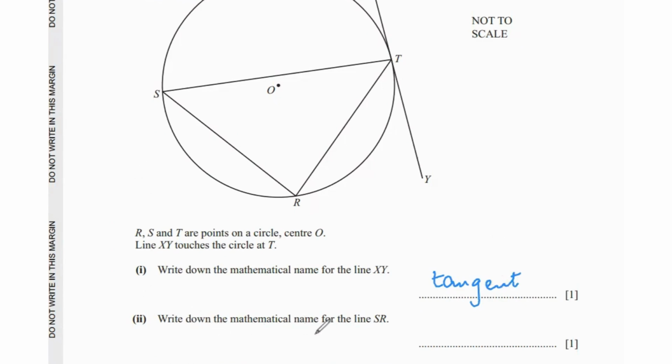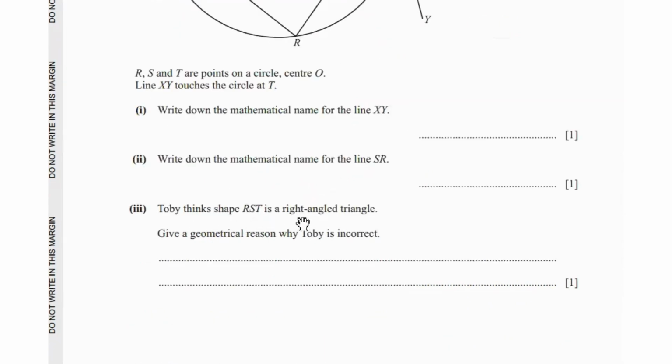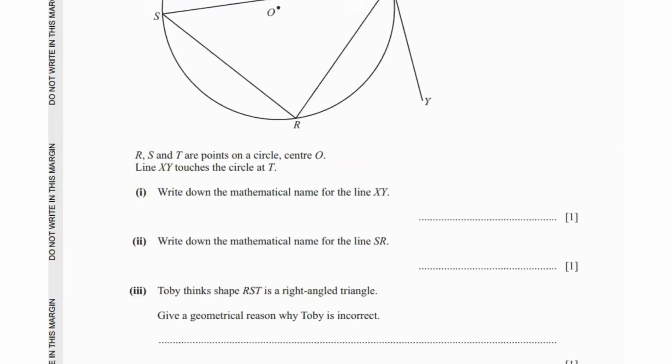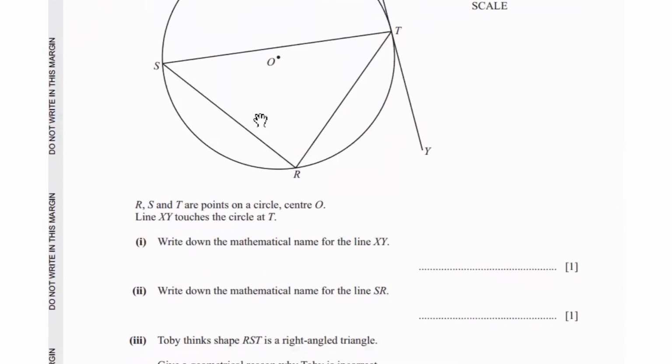Then write on the mathematical name for the line SR. SR is called a chord. Toby thinks shape RST is a right angle triangle. Give a geometrical reason why Toby is incorrect. Now, for RST to be a right angle triangle, one of the lengths needs to be the diameter.